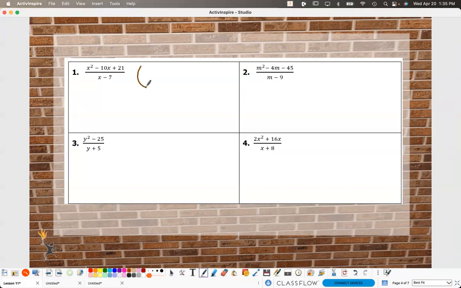So what 2 numbers multiply to get 21 but add up to get 10? 7 and 3, or 21 and 1, are the only possibilities. So how do I get a positive 21 yet a negative 10? Negative 7 and negative 3, because a negative times a negative makes a positive, but when I add them up, they stay negative.